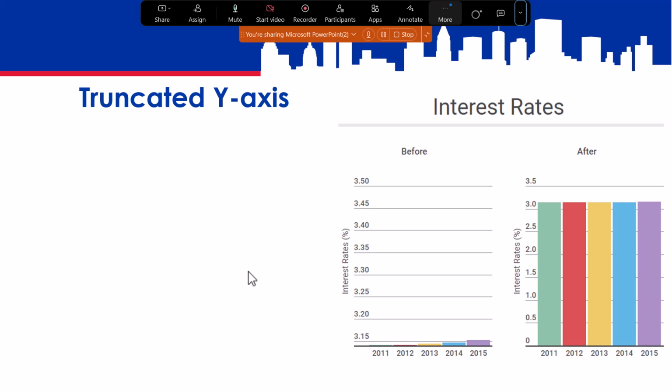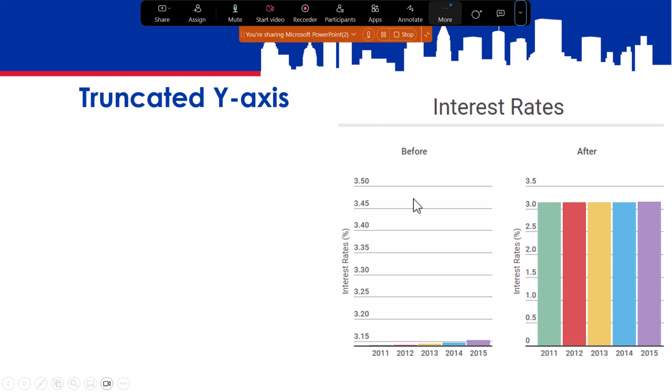Okay, this one is on interest rates. Of course, the x-axis goes across and the y-axis goes up and down. Now, if you notice here, there are some big differences in the y-axis.